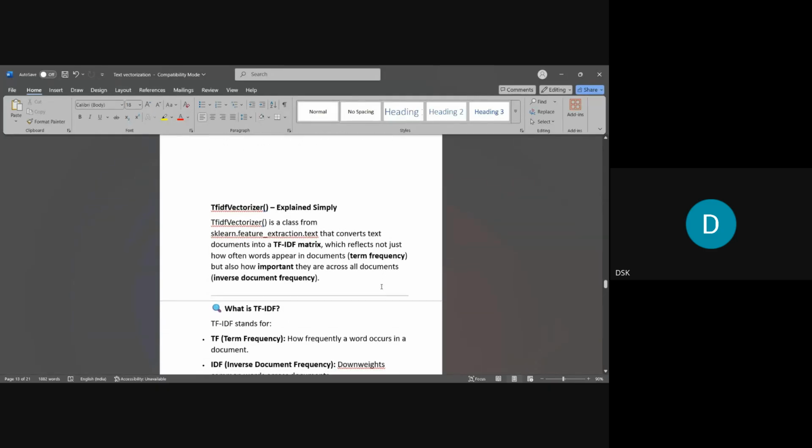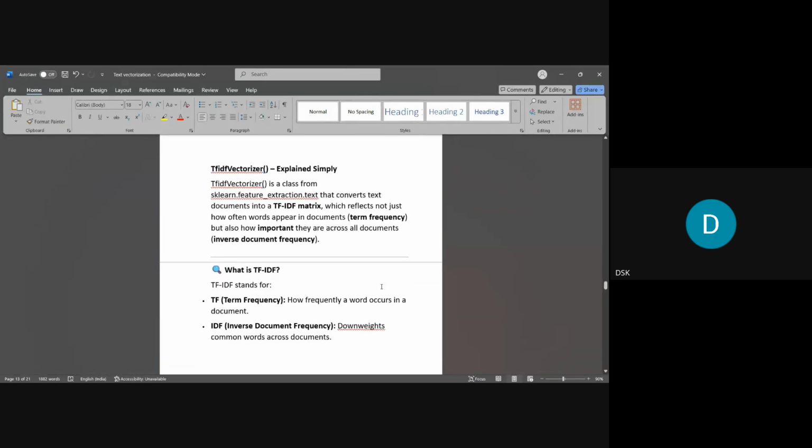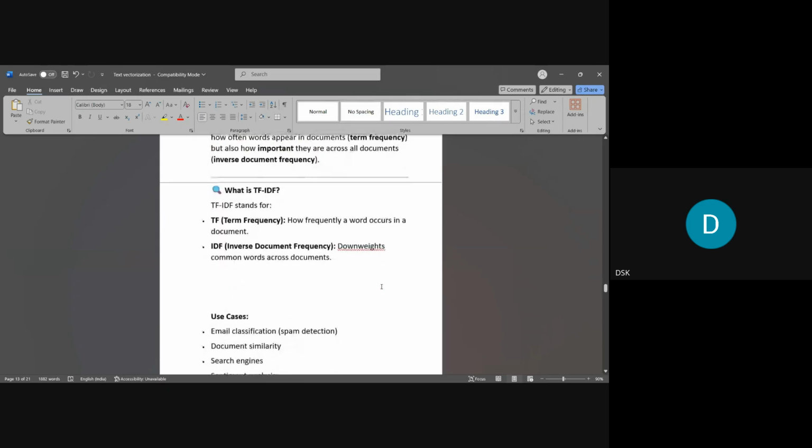So what is TfidfVectorizer? TfidfVectorizer is a class from sklearn.feature_extraction.text that converts raw text documents into a TF-IDF matrix, which reflects not just how often words appear in documents, that is term frequency, but also how important they are across all documents, that is inverse document frequency.